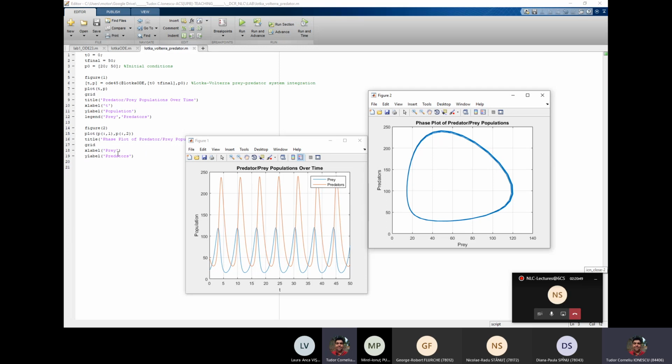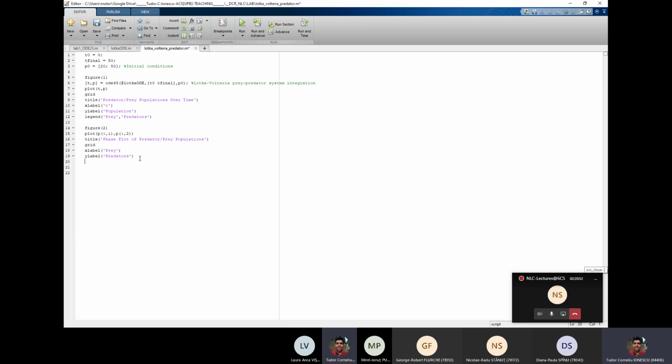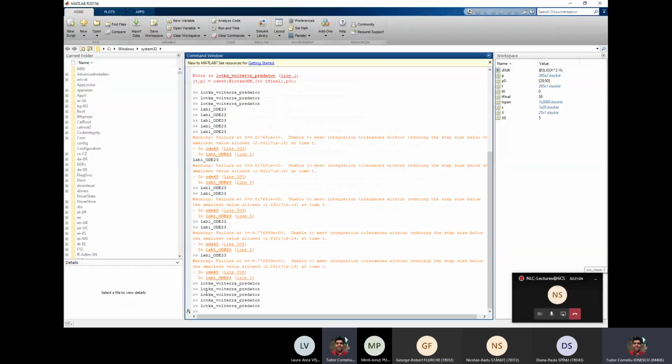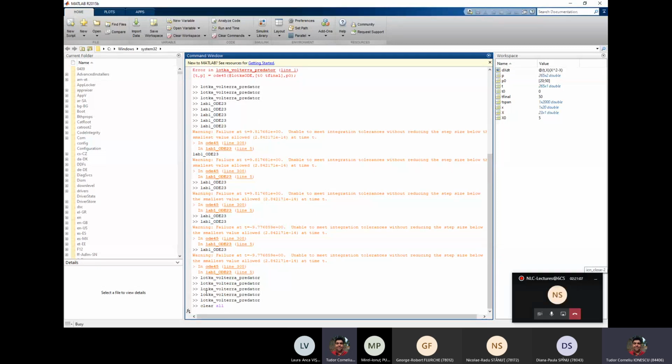I want to see more things. Let's go back to the main command window of MATLAB and clear all. Now MATLAB is cleaning up the workspace, and we're just going to restart the simulations with several diverse initial conditions and see what happens.